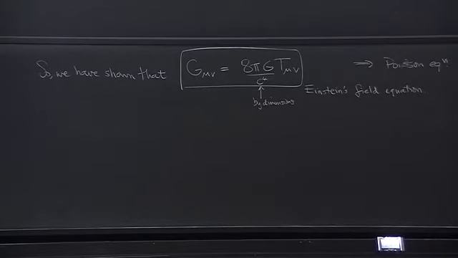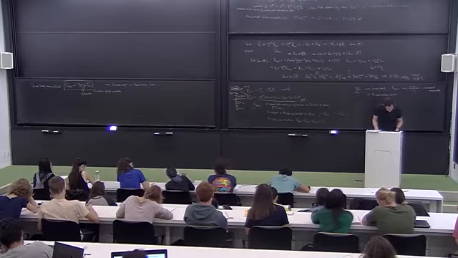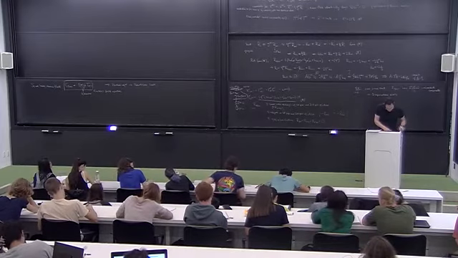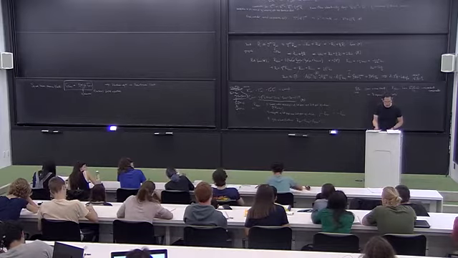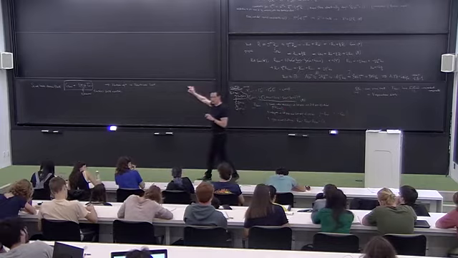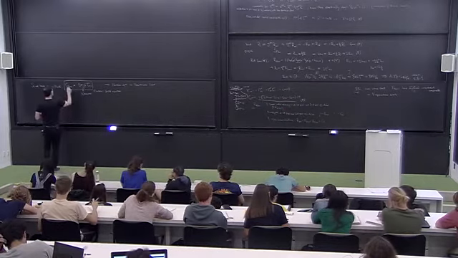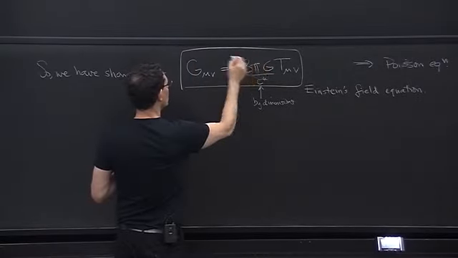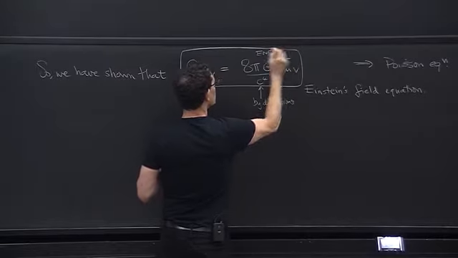So that was an exciting moment when Einstein realized he had a consistent proposal for the field equations. And these are arguably the most beautiful equations in physics. They show how energy creates curvature.